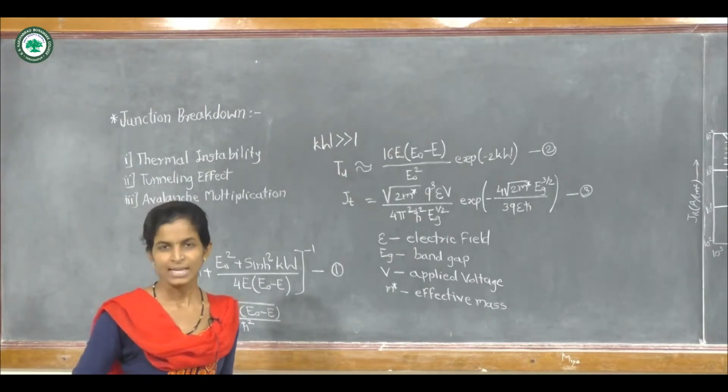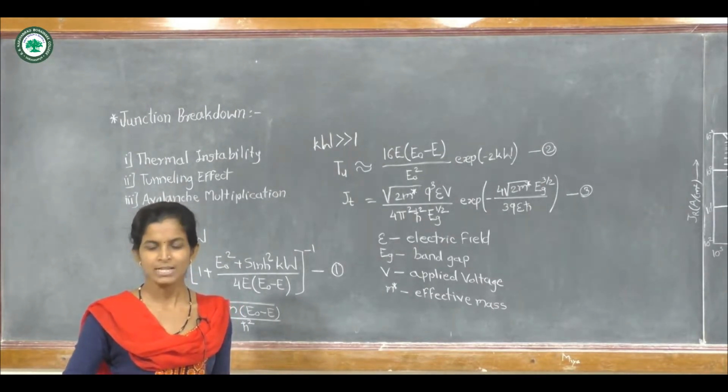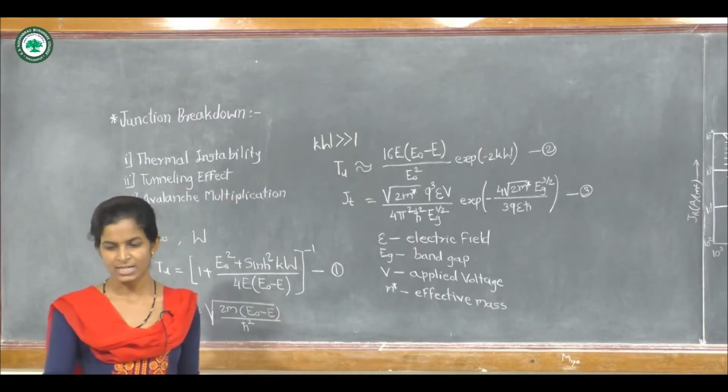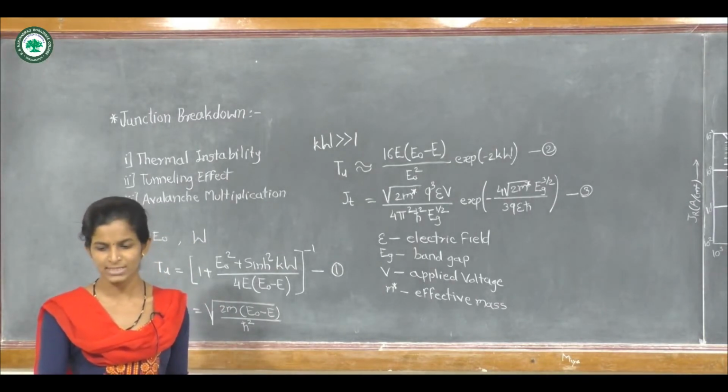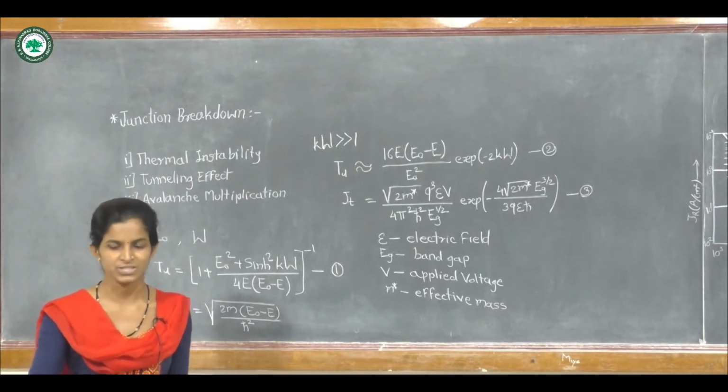This is because a given breakdown current can be reached at smaller reverse voltages at higher temperatures.